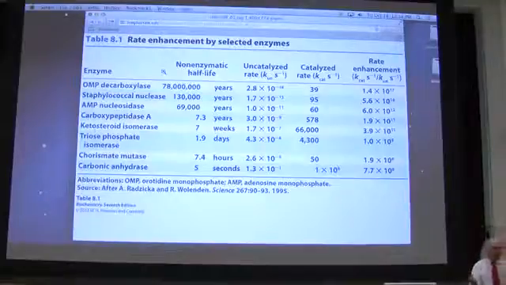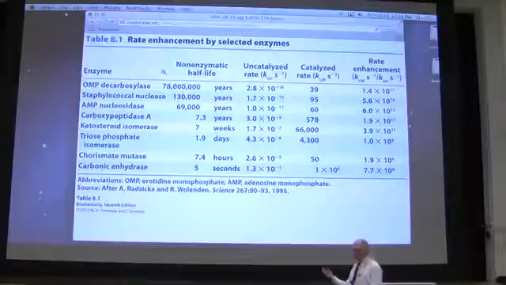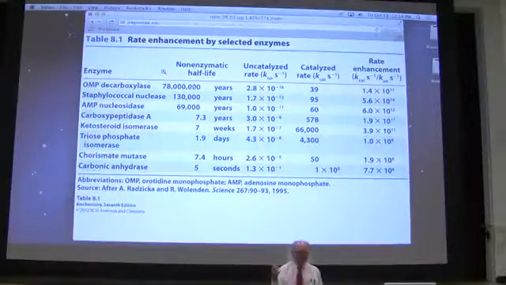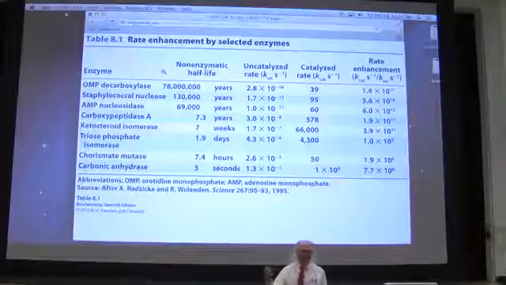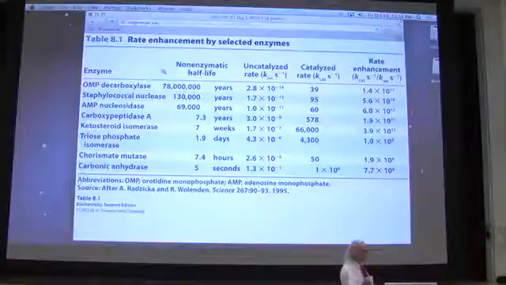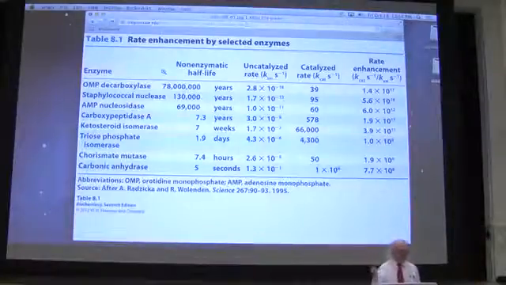Well, this is so hard for us to get our heads around. I like to use this as an example of the fact that when we think about things at the nanoscopic scale, we're really thinking about a different kind of world than what we live in. There's nothing out here in the world that we live in that we can experience that gives us 1 million things per second. Okay? Enzymes are really remarkable.